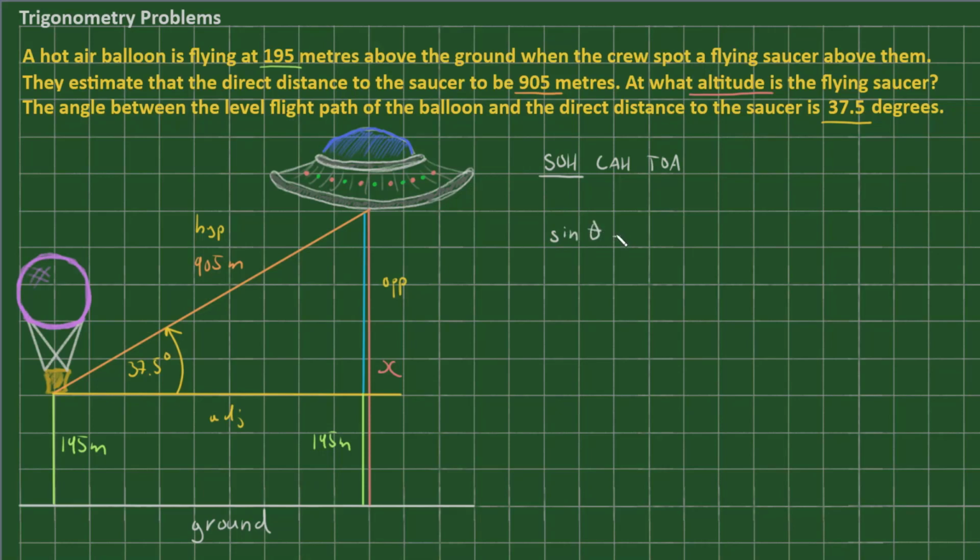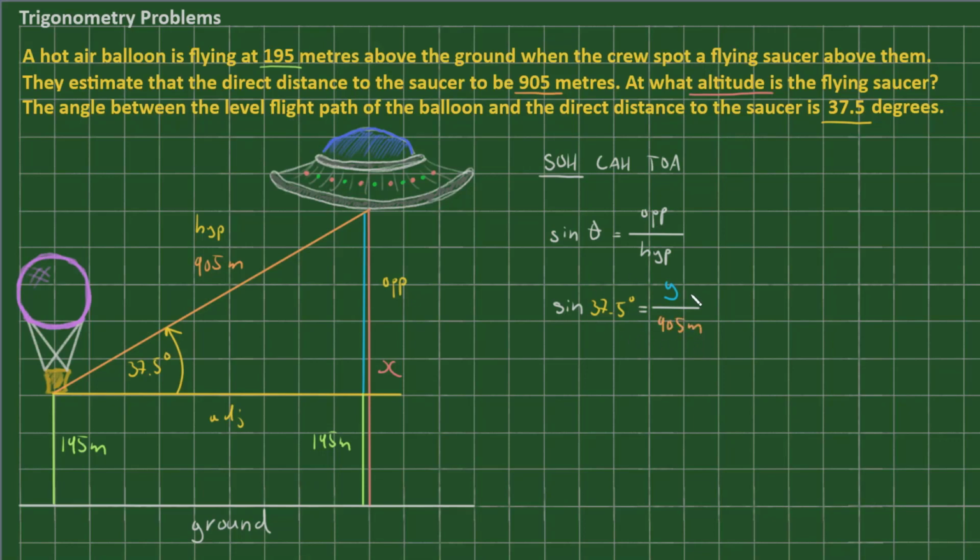As always, I'm going to write out the general formula for sine. So sine theta equals opposite over hypotenuse. In this case, I have sine of 37.5 degrees equals opposite, which for now I'm going to label as y, over the hypotenuse, which is 905 meters.